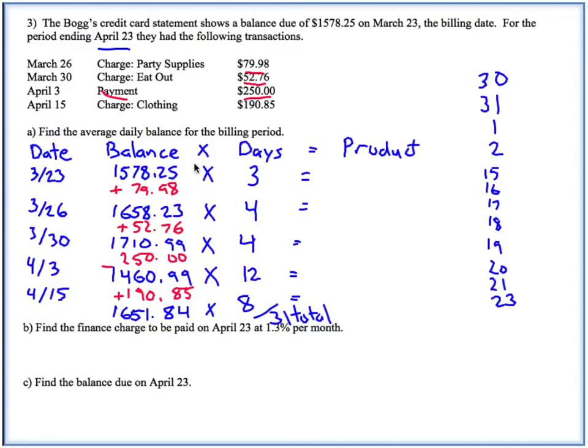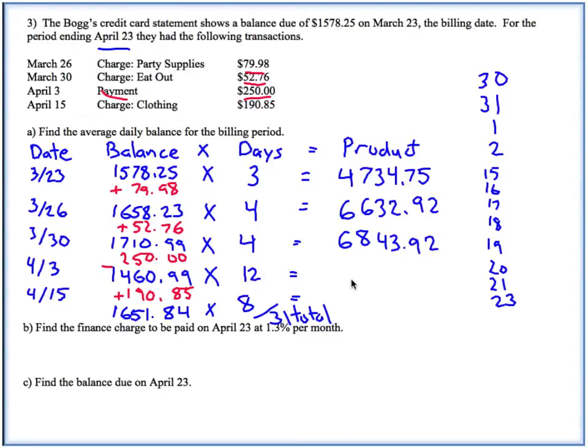Okay, so when we multiply this one, we get 4,734.75. When we multiply this one, we get $6,632.92. For March 30th, we get a total of $6,843.92.